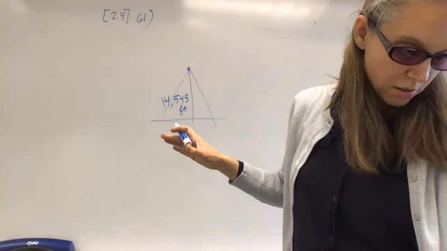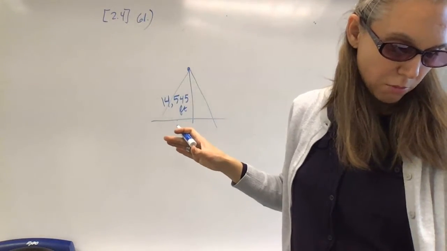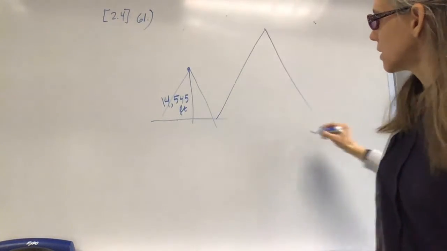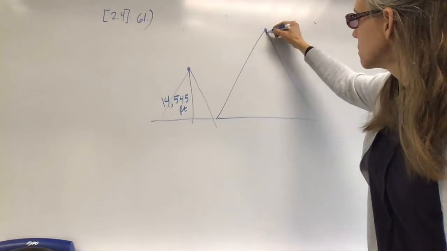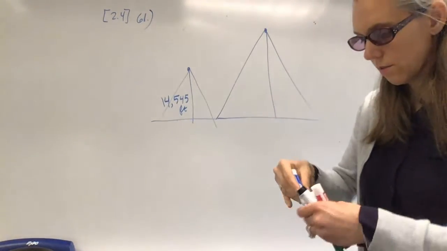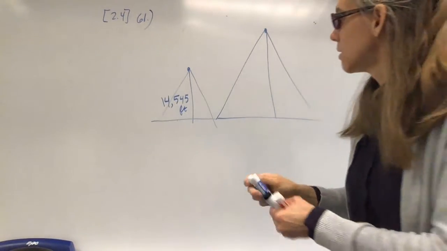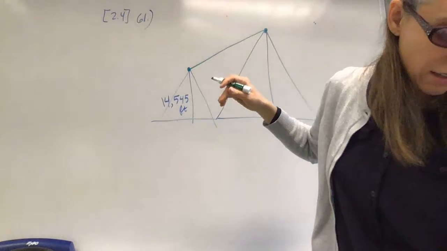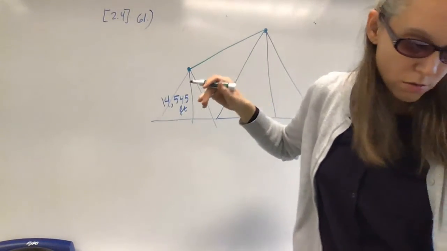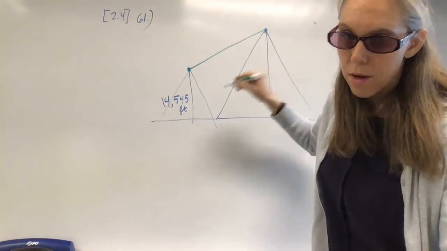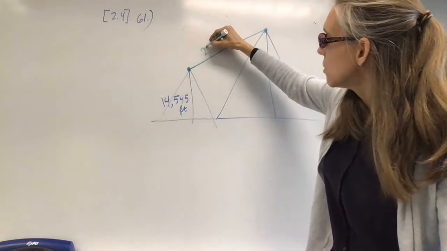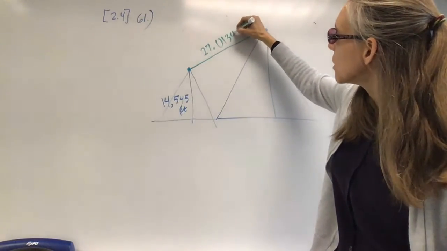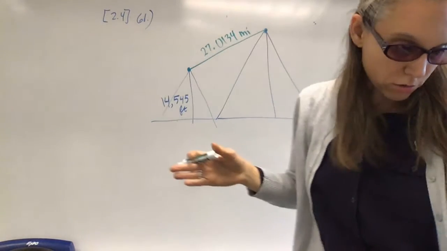From a different mountain, the straight line distance to the peak of Mount Everest, so now Mount Everest is over here, so the distance from this peak right here to this peak right here, this straight line distance, is not done in feet but in miles. Notice the unit change. 27.0134 miles.